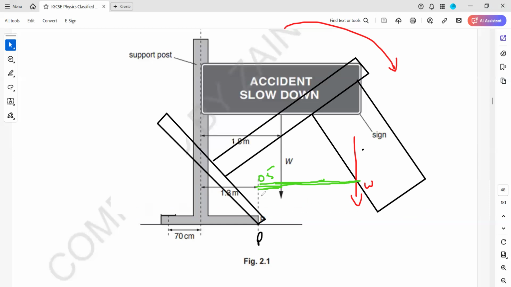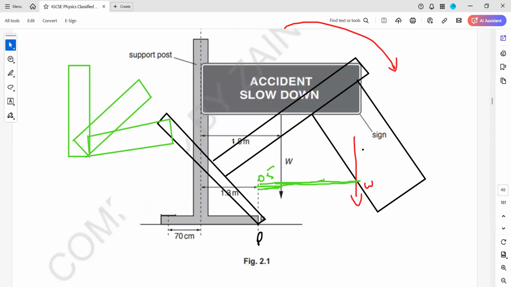The center of the mass won't change, but the distance of the center of the mass to the pivot will change. For example, if you have a bottle which was originally vertical, then this is a new position of the same bottle, and this is another position of the bottle. So we have three different positions, and what will happen?